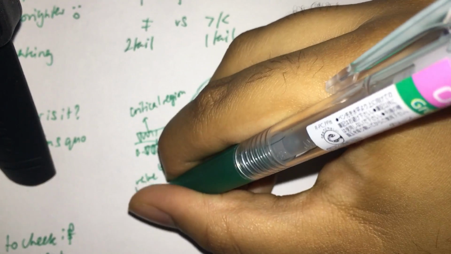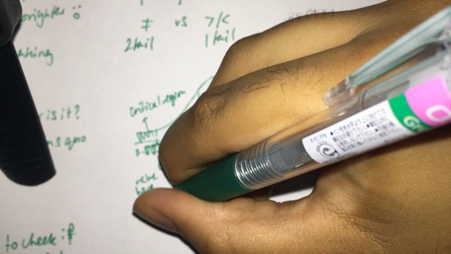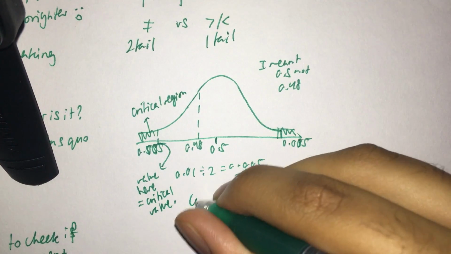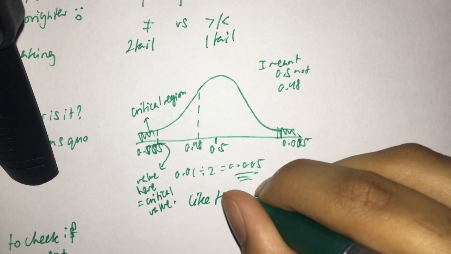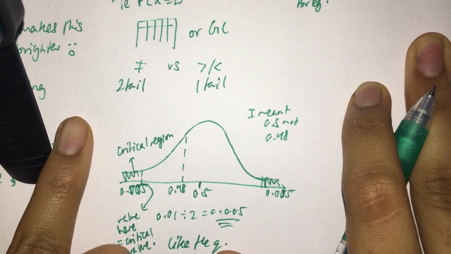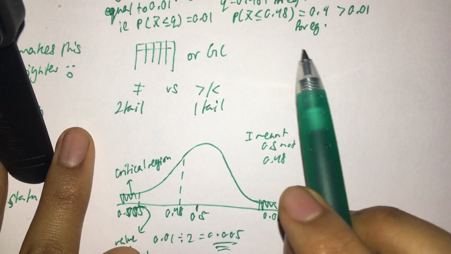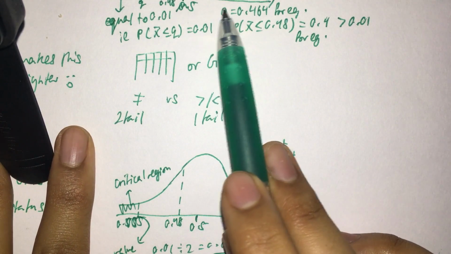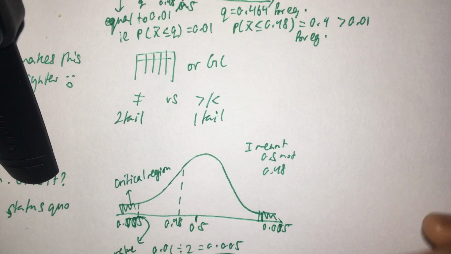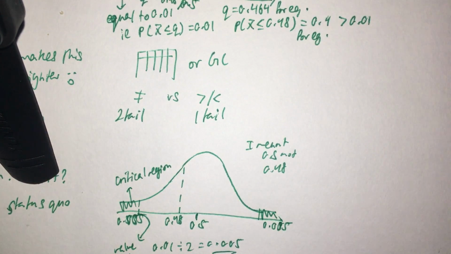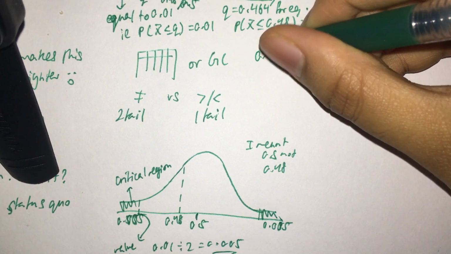Maybe this value is the value for which the probability of it being less than that value is 0.01, probably something like 0.464. That will be the critical value in this scenario. And from here we can find out that there are two ways of actually getting our hypothesis testing done, either by looking at the probability or by looking at the critical value.